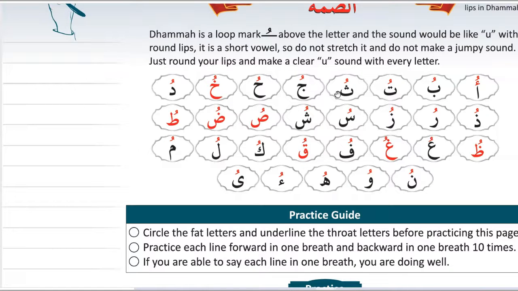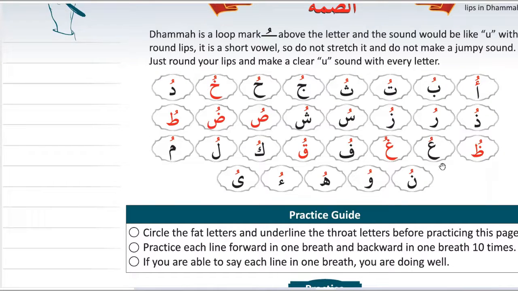Ju. Hu, little snoring sound, scratching. Du. Zu. Ru. Zu. Su. Mashallah. Shu. Su. Du.